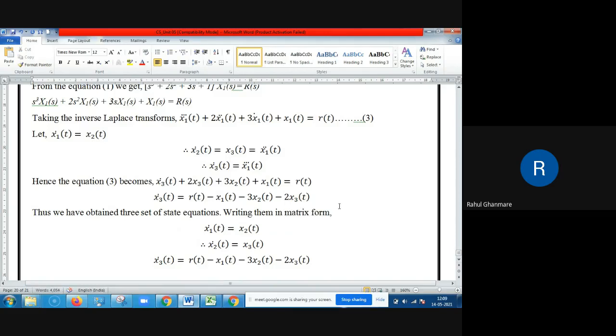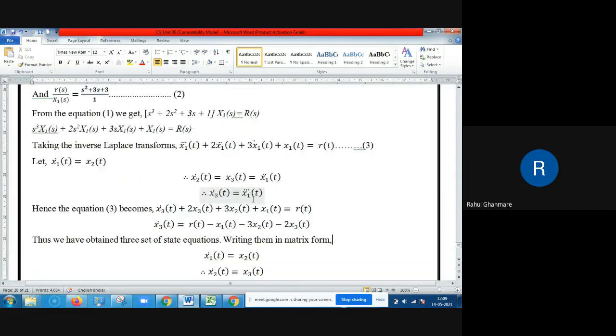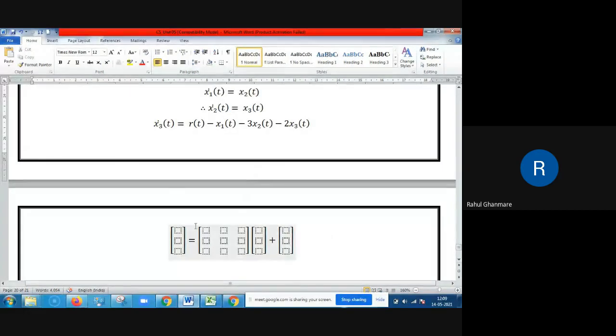Okay, right. So you have these three equations, and we need to write these equations in the matrix form. So here, what we need to do, we need to write.